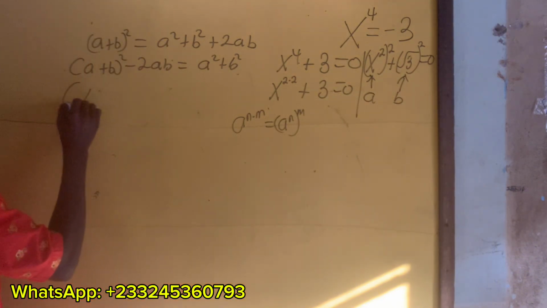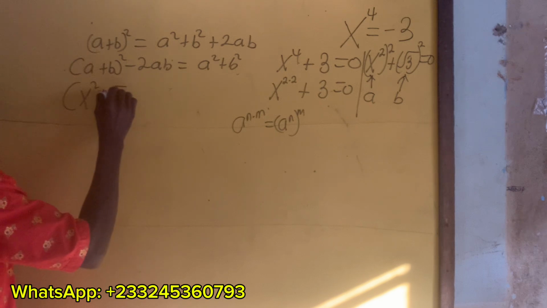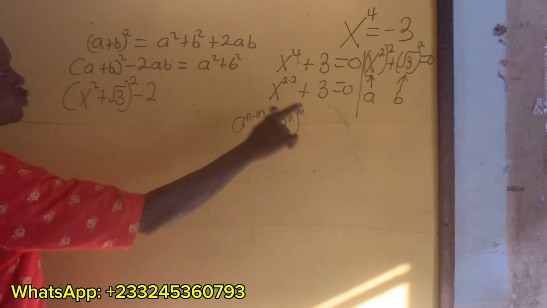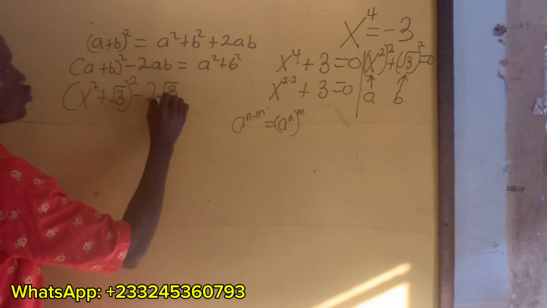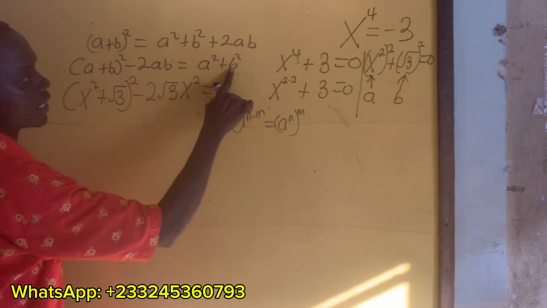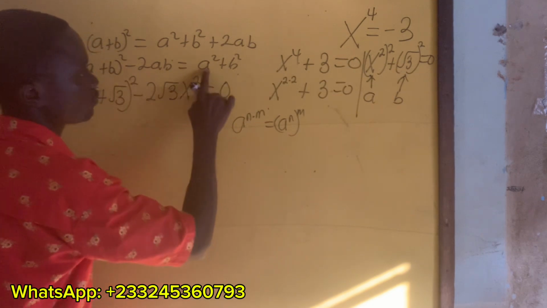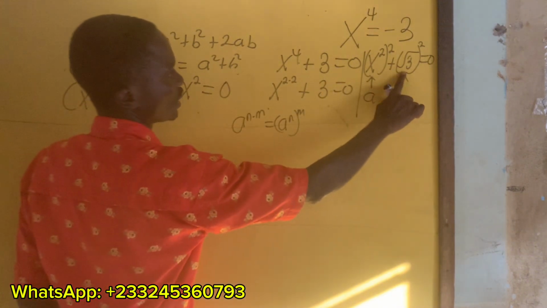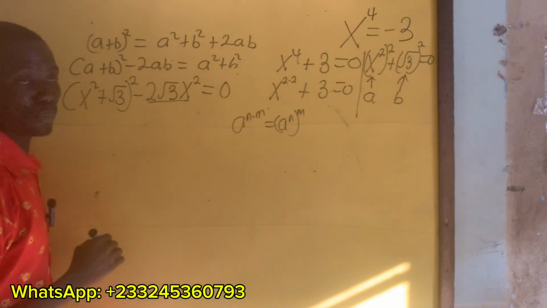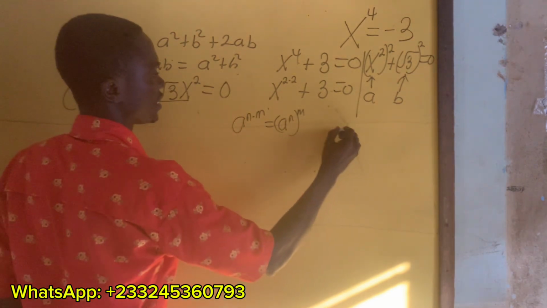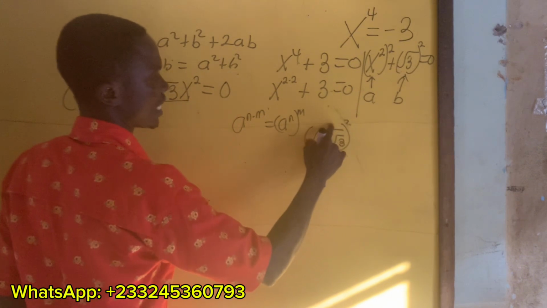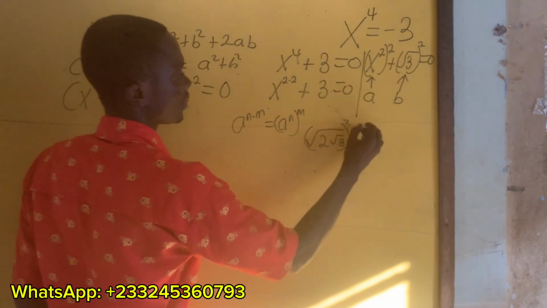So we're going to have, in brackets, x squared plus square root of 3 power 2 minus 2 times x squared times square root of 3. That will give us 2 root 3 x squared equals a squared plus b squared, which is 0. So we put there 0. Now, we're going to manipulate this one. So this one can be written as the square root of 2 square root of 3 all squared. If the square cancels the square root, we come back here and we have x squared.